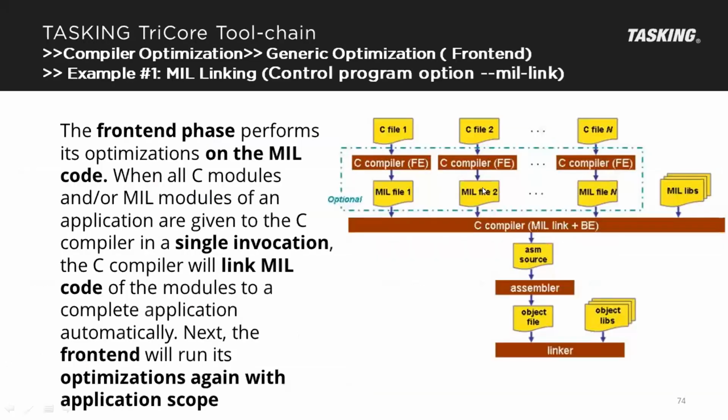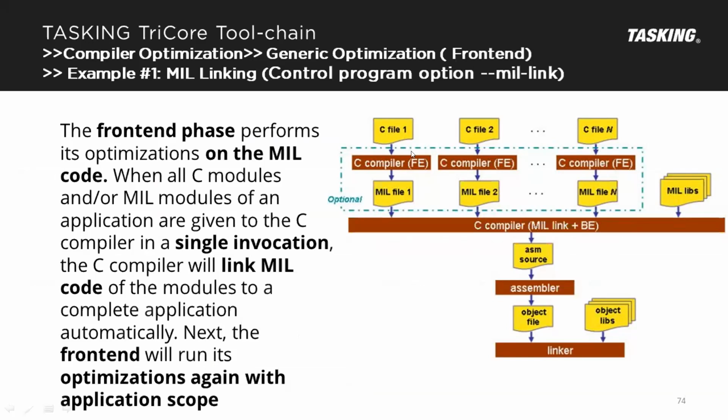For mill linking, basically the concept is you have a front end and a back end. The front end applies its optimization on the mill code. Here you have different C files, and you will end up having different mill code.